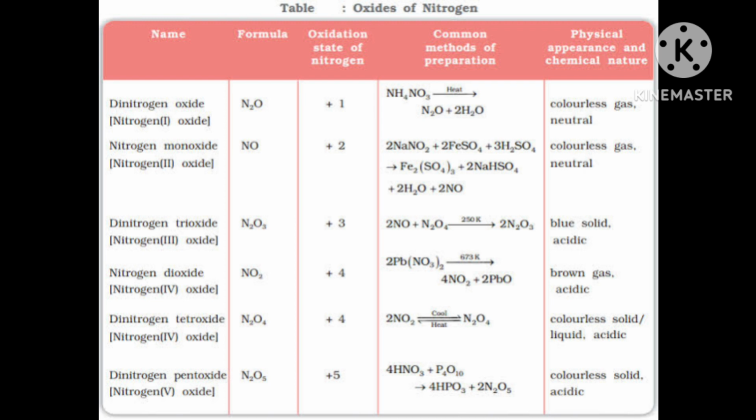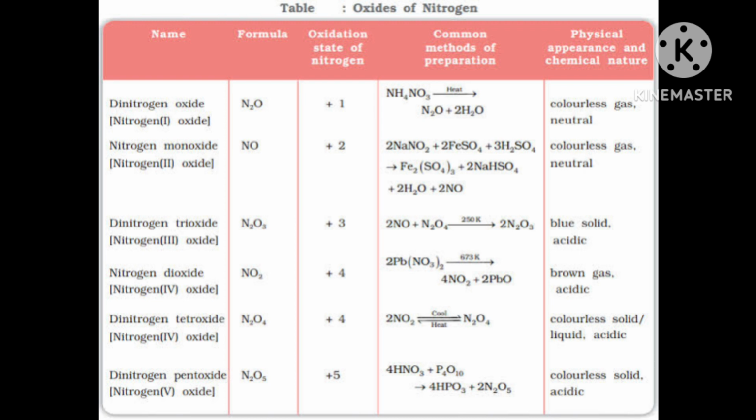What are those 2 reagents? The first reagent is nitric acid, and the second reagent is P4O10, the dimer of P2O5, phosphorus pentaoxide.